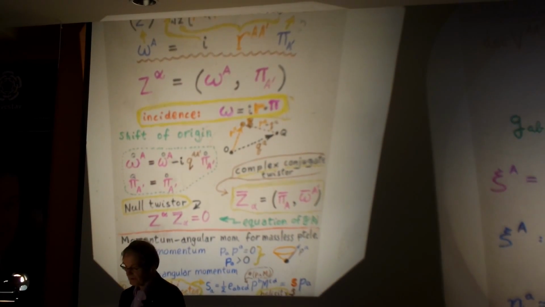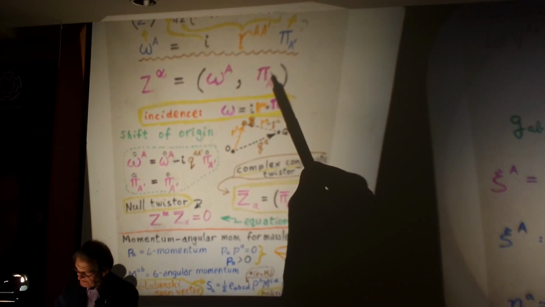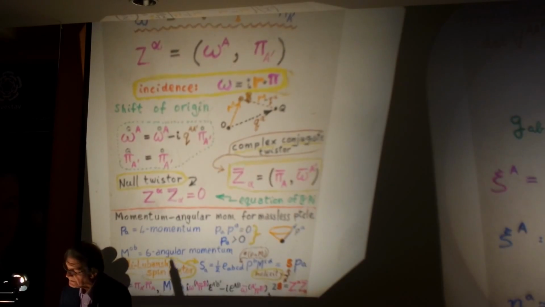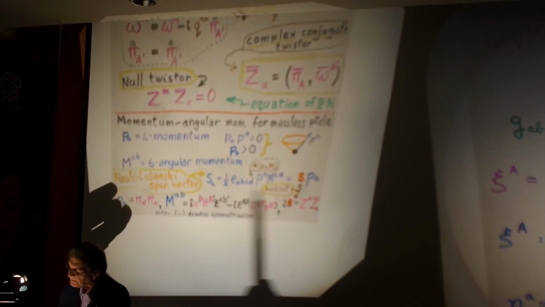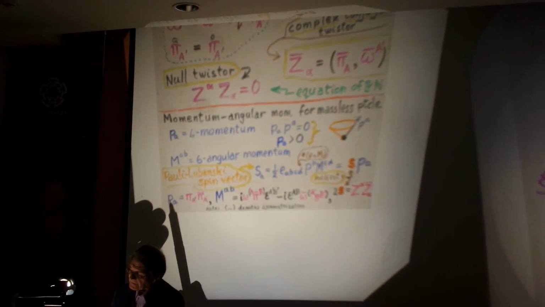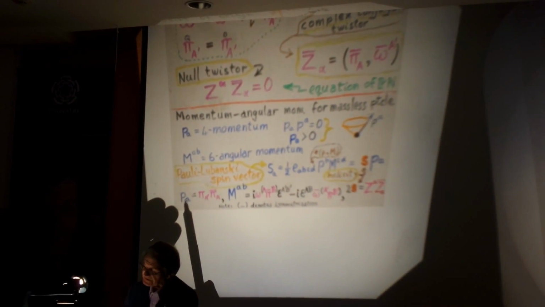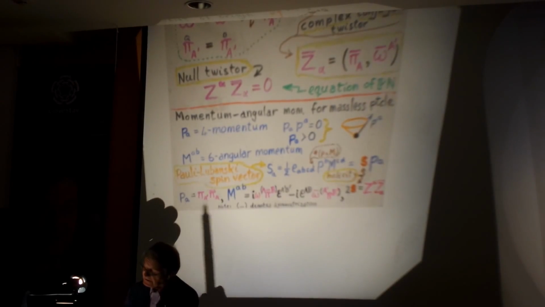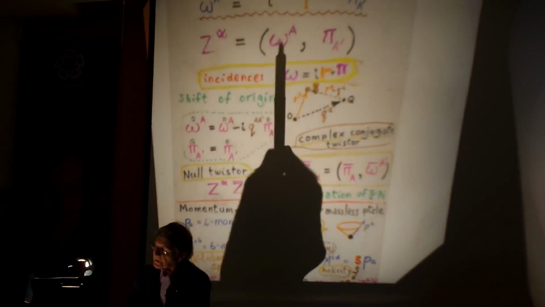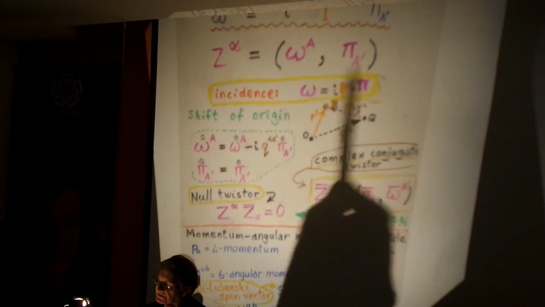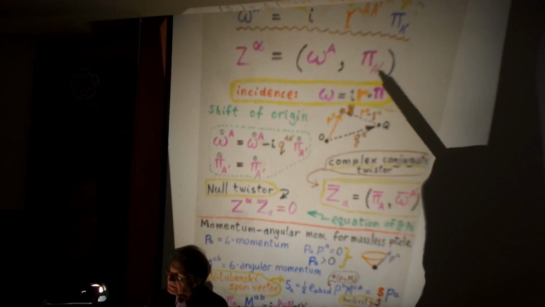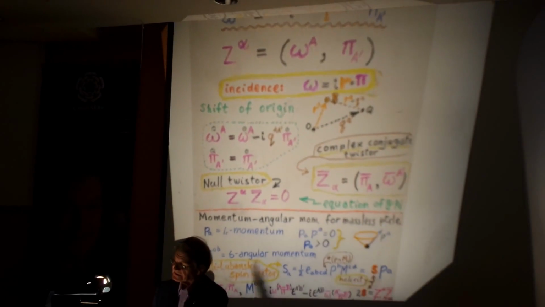Momentum is a covector, and so when you multiply this by its complex conjugate, you get a covector. That lower index of this covector corresponds to the lower index here. And the upper index on the omega is the dual thing, the dual complex conjugate, because it's the prime here, and the dual because it's now upstairs.